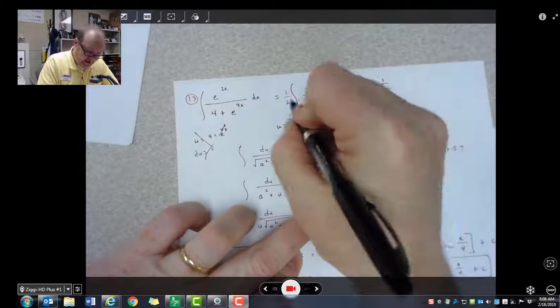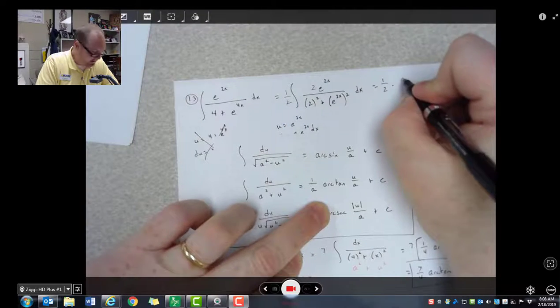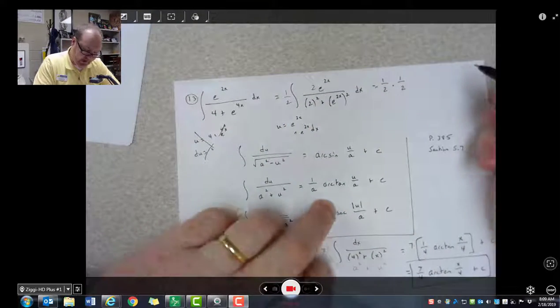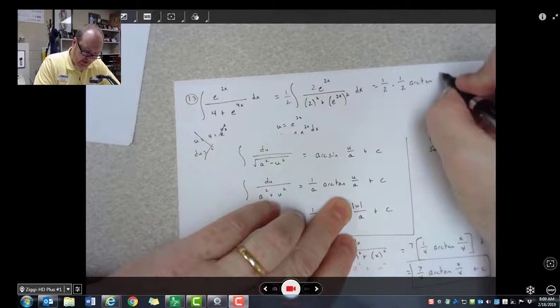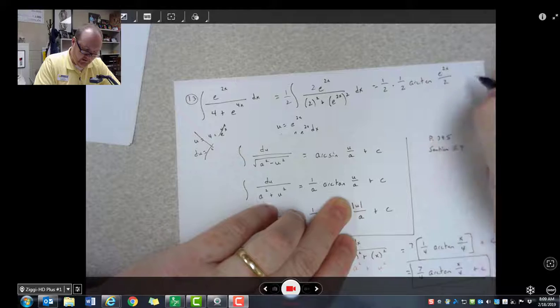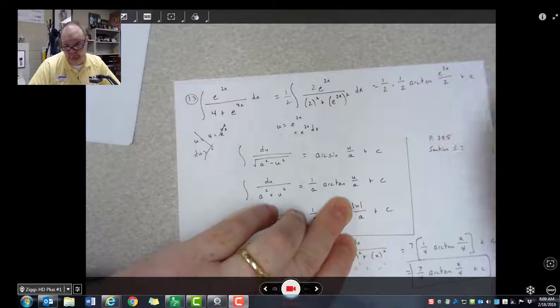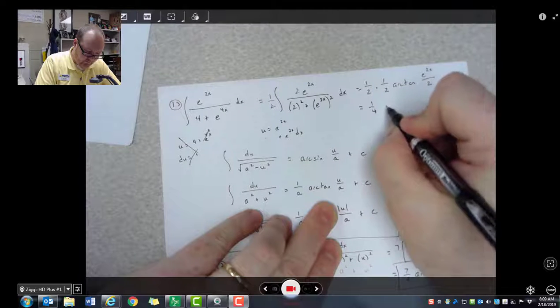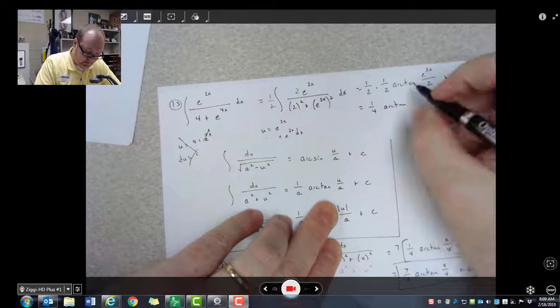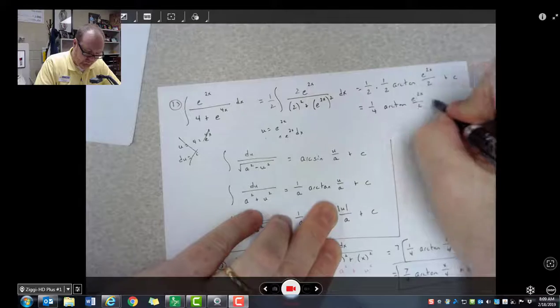That 1/2 is this 1/2. It's still there. 1 over a is a 1/2 arctan of u over a plus the constant of integration. And we can clean that up slightly. A 1/4 arctan e to the 2x over 2 plus c.